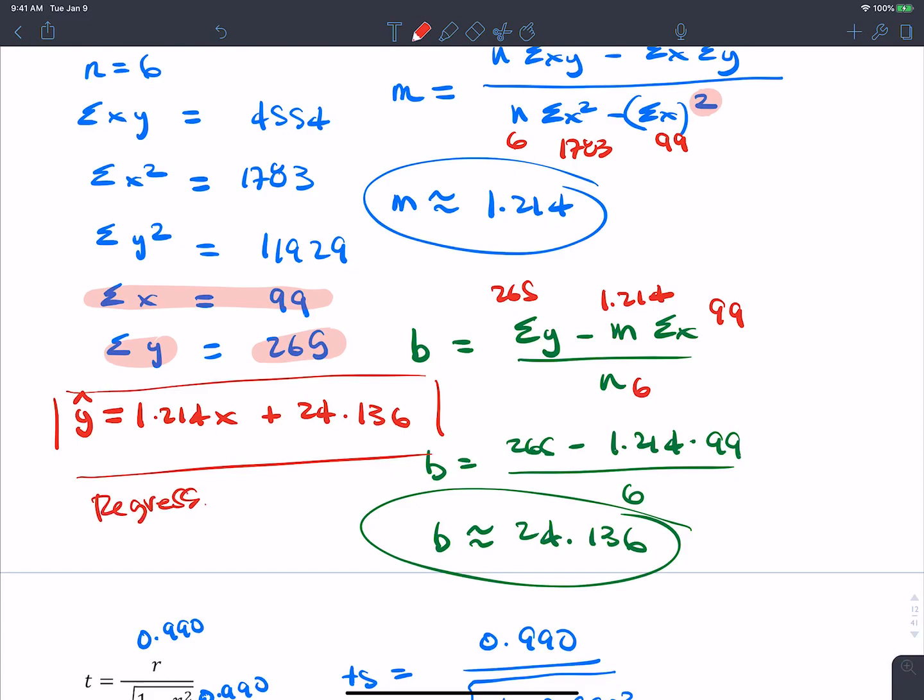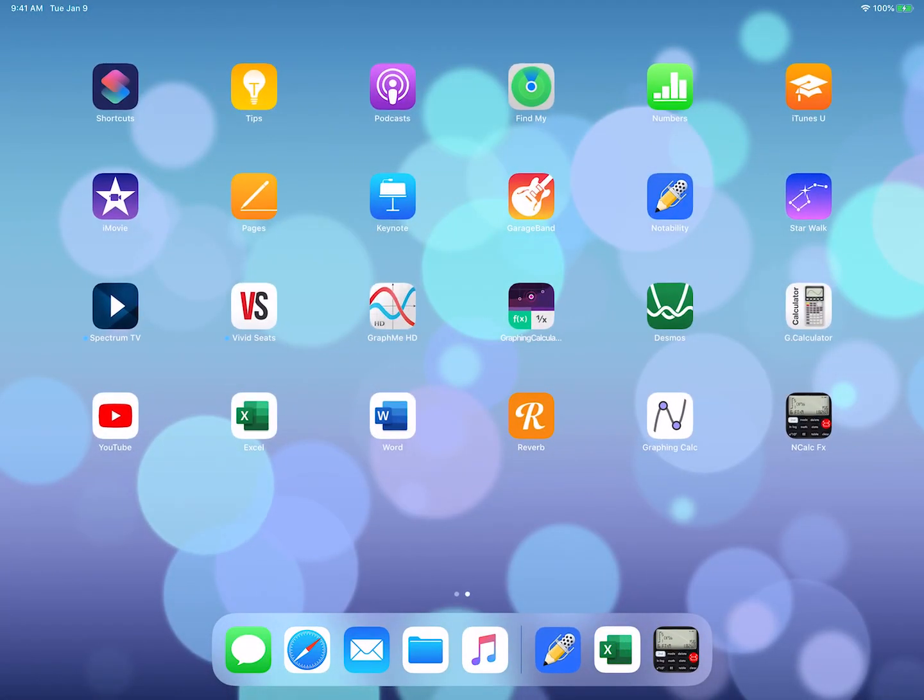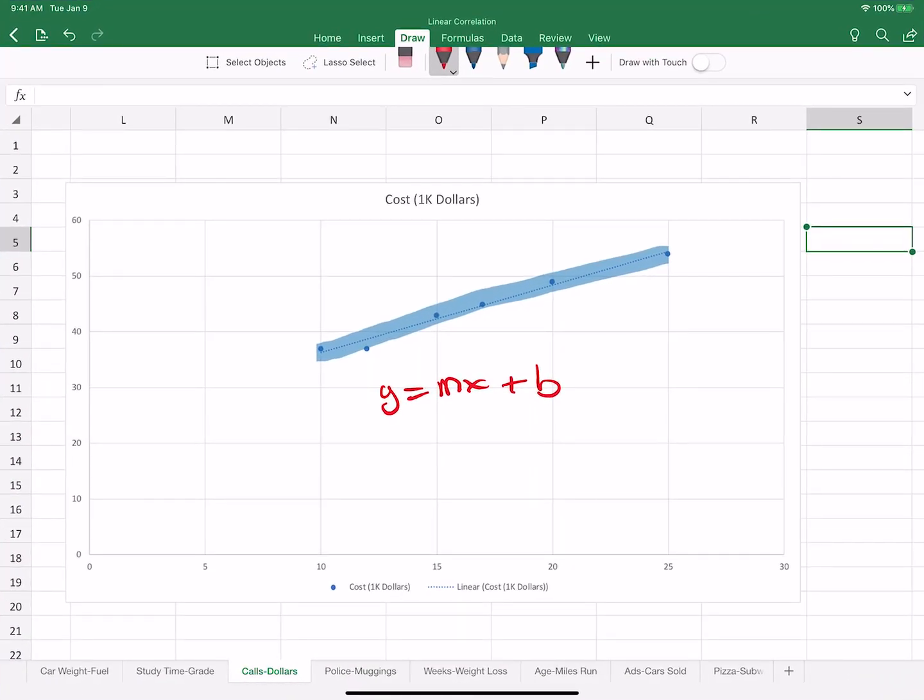So it's up to you. I'm fine with you just putting it as is, you know, from beginning algebra. Okay, so this is your regression line. So if we go back here, you said, well, what was this to begin with? Well, that regression line is 1.214 times x plus 24 point, what was that value? 24 point what? 136?